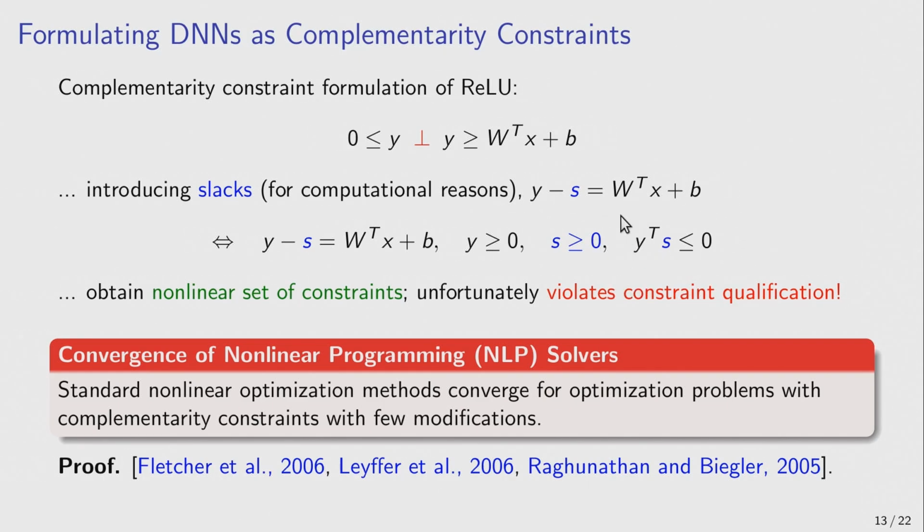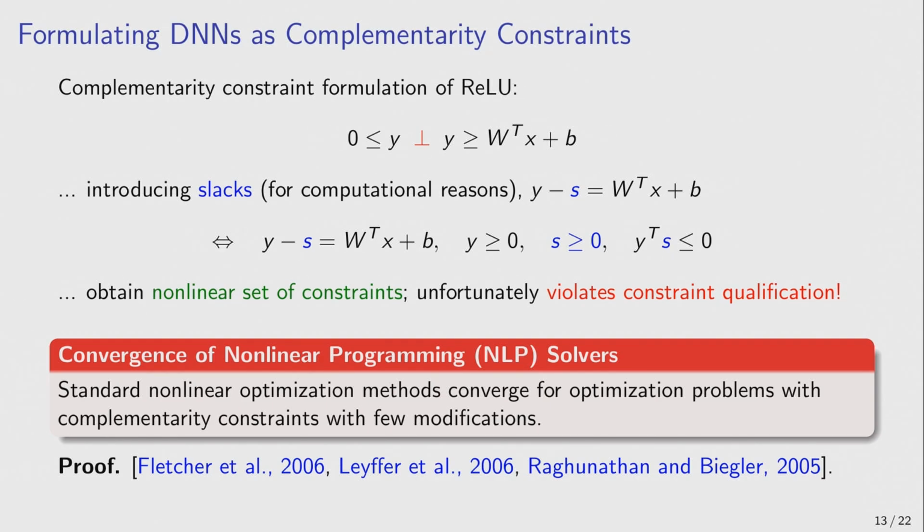So I have a non-negative slack, and then this nonlinear inequality means that either a component y_i is positive or a component s_i is positive. But they can't both be positive because the sum over all y_i times s_i has to be less than or equal to 0. And it's important for numerical reasons not to write equal to 0 here.